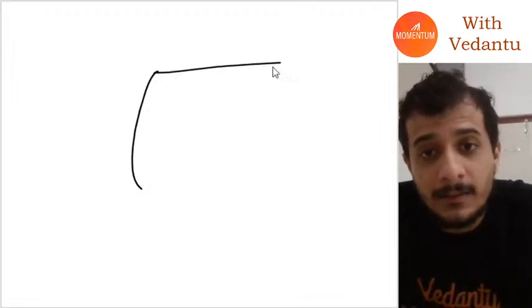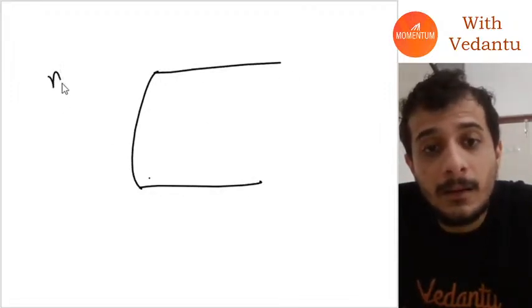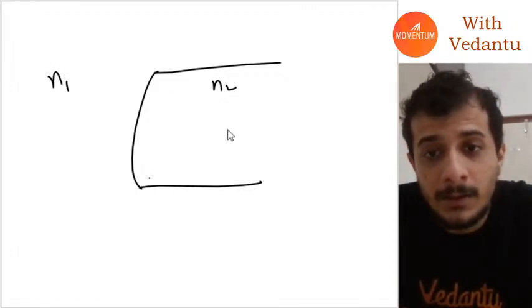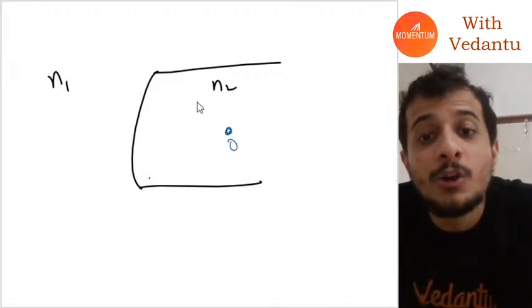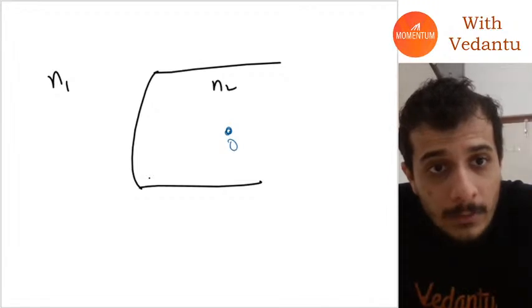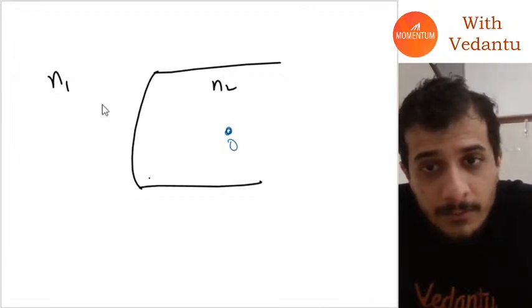If you had something weird like this, say this is the surface, this is N1 and N2, and let's say you have an object kept here, how will you calculate the object distance and the radius of curvature?